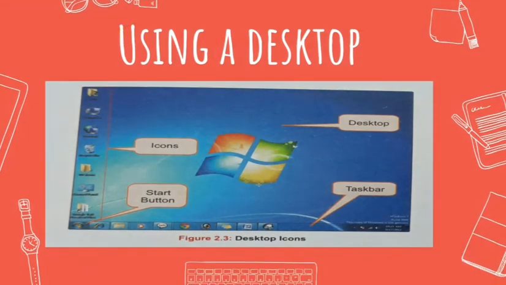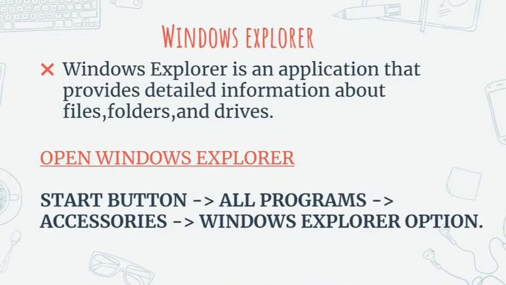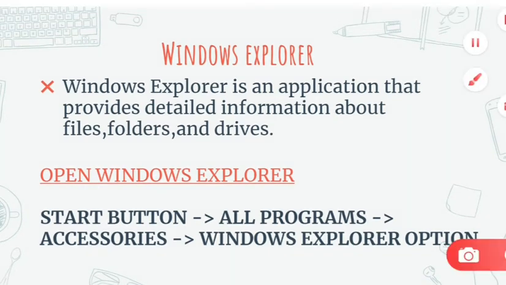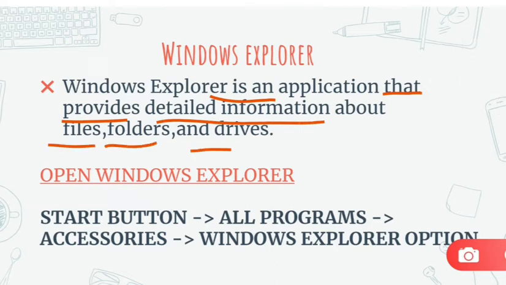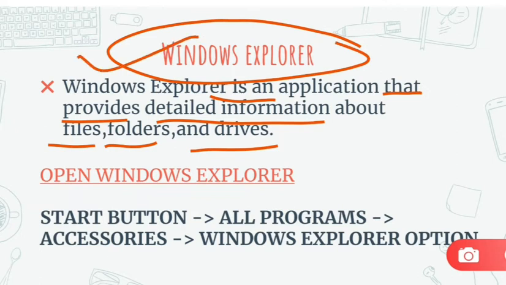Now move to the next heading, Windows Explorer. So, what is Windows Explorer? Windows Explorer is an application that provides detailed information about files, folders or drives. Means in our computer we have Windows Explorer.